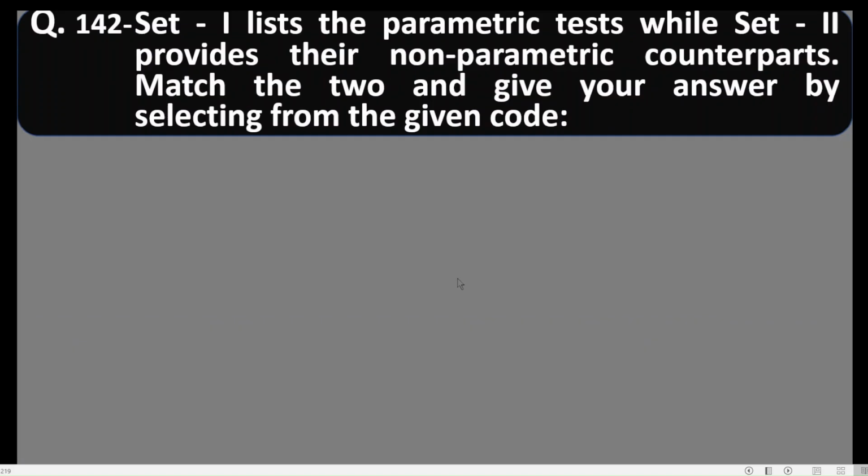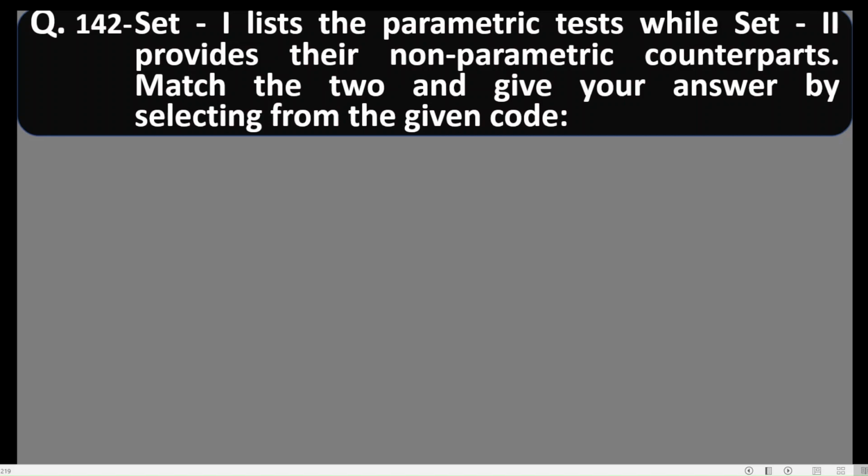Question number 142. Set 1 lists the parametric tests, while set 2 provides their non-parametric counterparts. Match the two and give your answer by selecting from the given code. Friends, first of all, we have to understand the question. Two sets of tests are given.